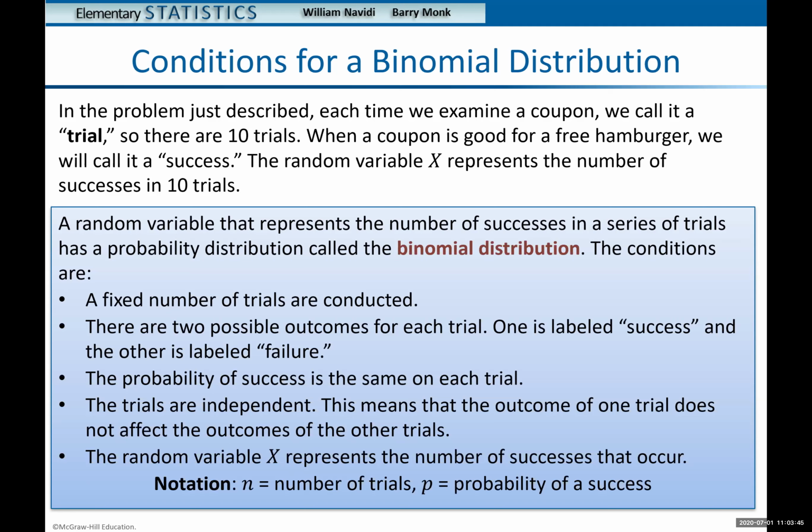So the probability of success is the same on each trial. All trials are independent, and the random variable x represents the number of successes that occur. So we use these notations. N is equal to the number of trials, and P is the probability of success.